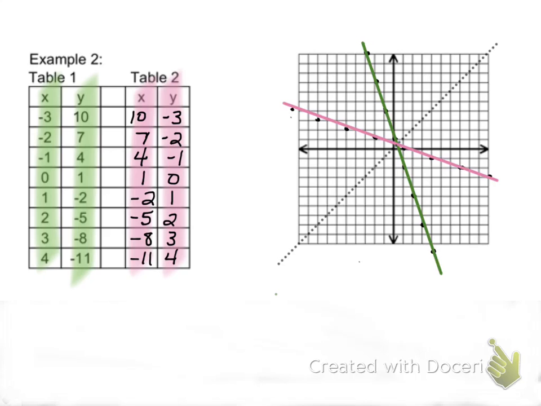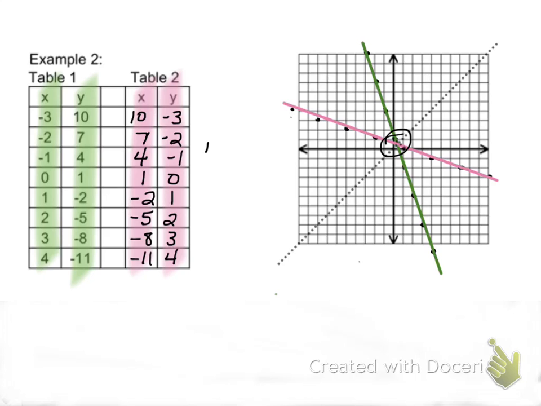But since it's difficult to see that this is a reflection, another thing you can look for is whether they intersect on y equals x. And that's very obvious right here that these points do intersect on y equals x. So are these two graphs.